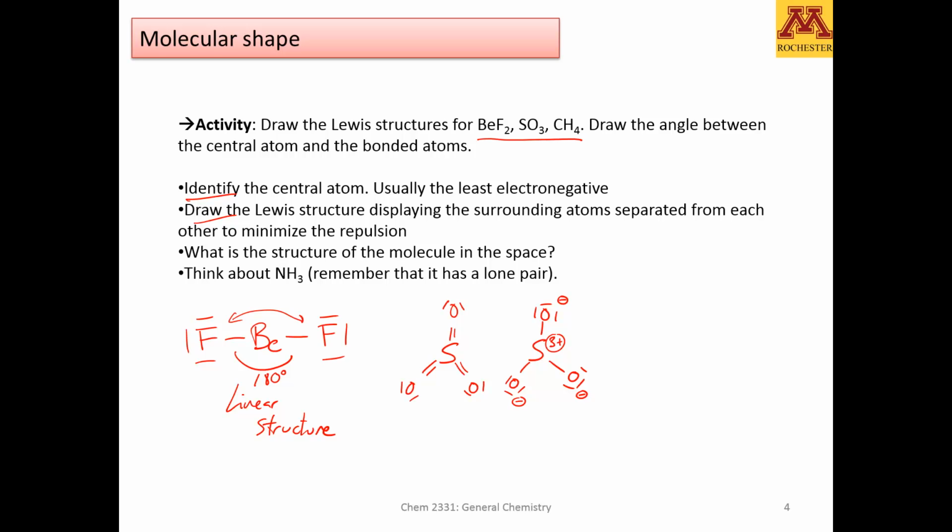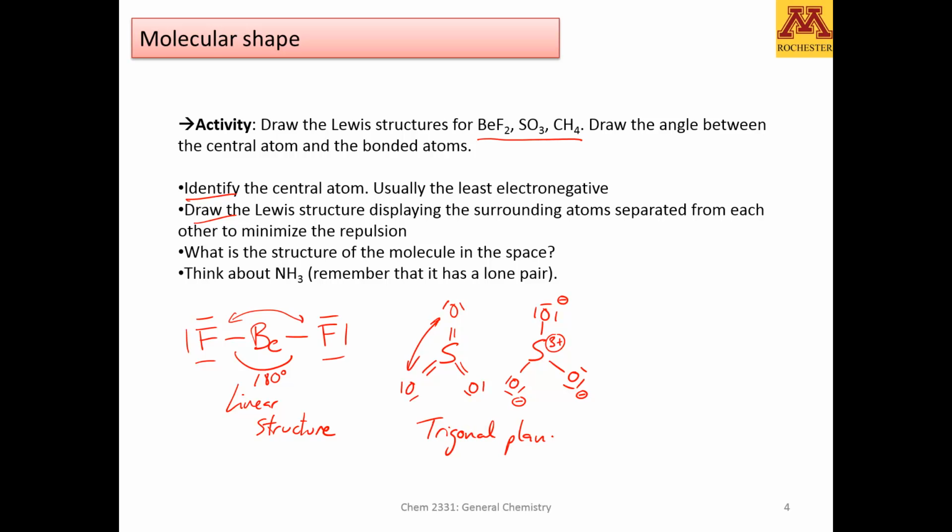We will not discuss it, but what's important now is that in both representations the three oxygens around sulfur are equivalent, and they will try to stay as far away from each other as possible. So that means that these three oxygens will stay on a plane, and this structure is called trigonal planar.